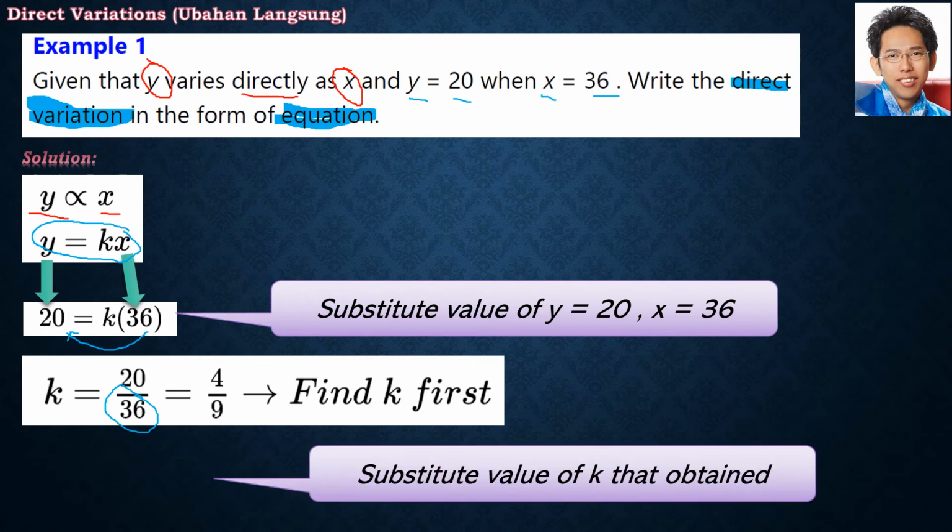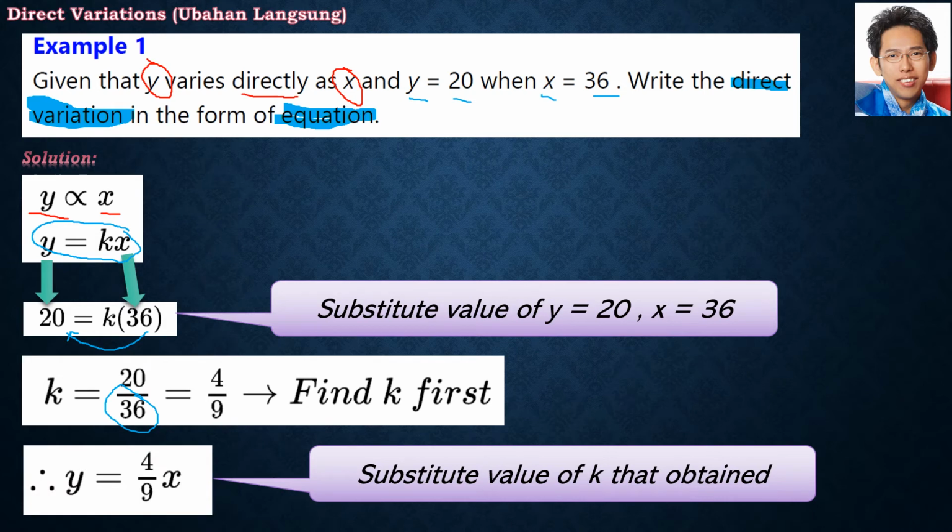So we obtain k, then we substitute the k going back to the question just now. Okay, then y equal to, just now this one is k, right? Okay, so we have the k already. We substitute inside here.